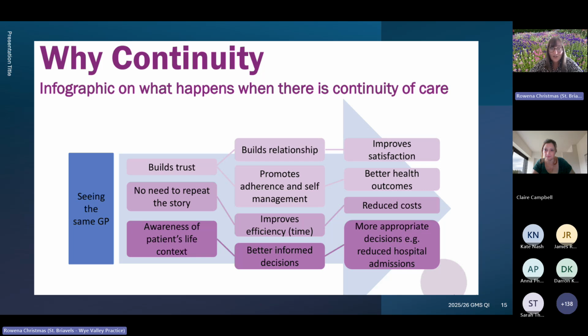So this infographic shows what Claire's already talked about, all the benefits offered by continuity. And the slide focuses on benefits for our patients. So patients not needing to repeat their story, having their life context appreciated.